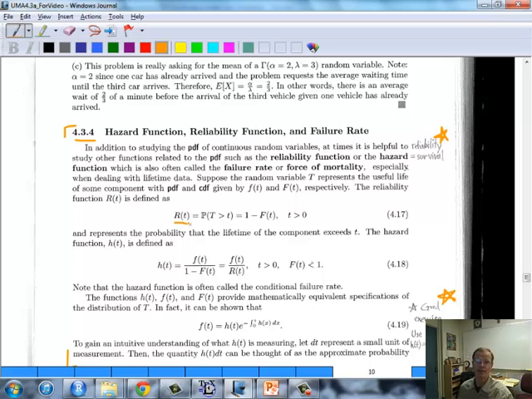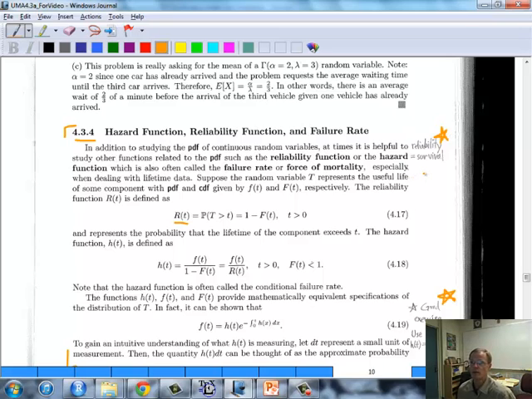However, it's simply the complement of the CDF, and it's known as the reliability rate or reliability function. Our book doesn't say this, but more commonly I've heard it referred to as the survival function. And again, it's just the complement of the CDF.